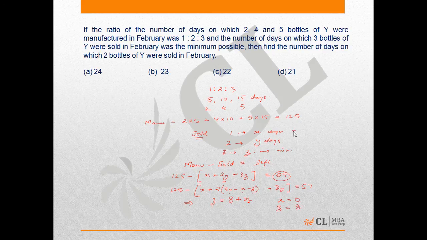Now if X is equal to 0 and Z is equal to 8, then the value of Y will be 30 minus X minus Z, that is equal to 22. So the number of days on which 2 bottles of Y were sold in February will be equal to 22 days.